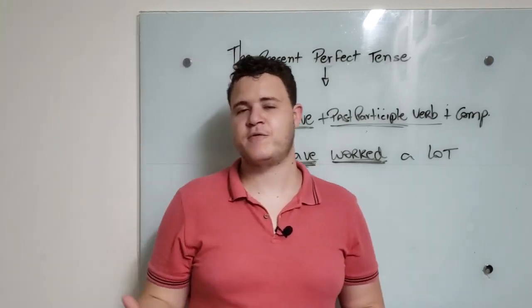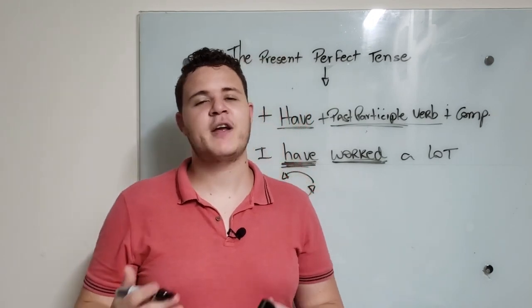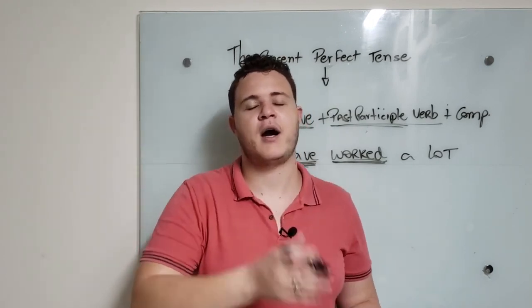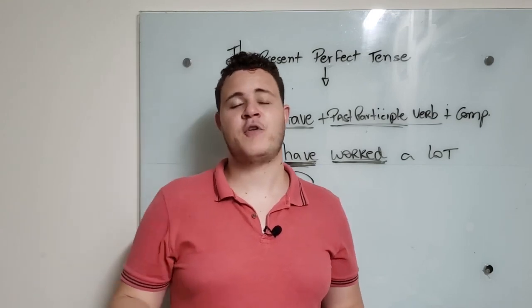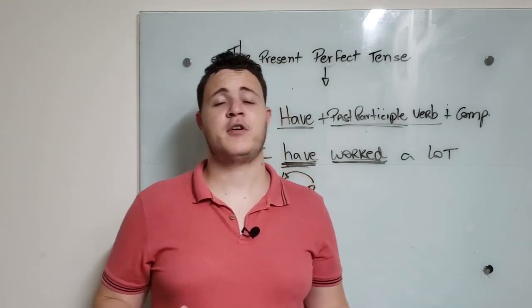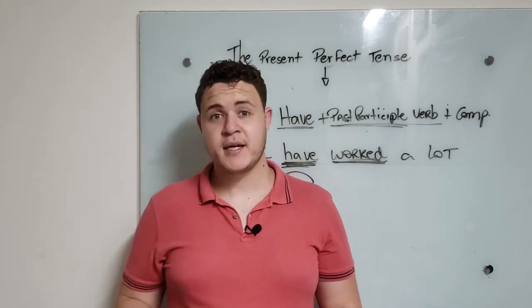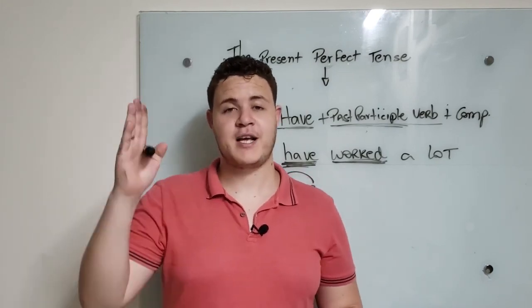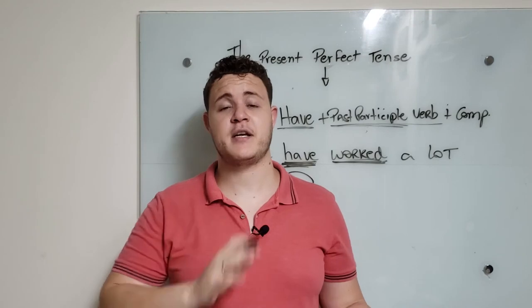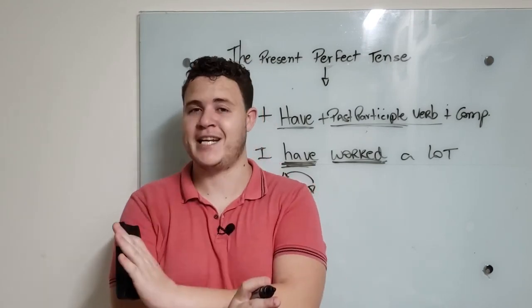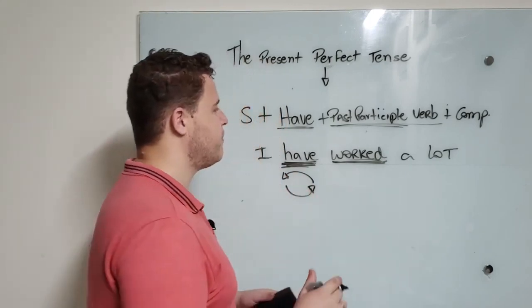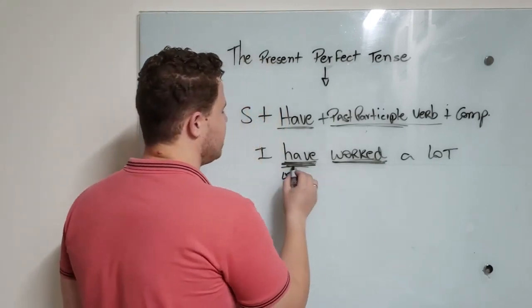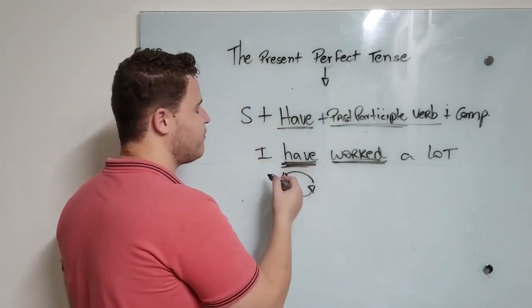In the case of work, it is a regular verb, so I work, I worked, I have worked. The form is the same. But for other verbs, for example the verb to speak, the last column is different. So I speak, I spoke, I have spoken. And we'll study this in detail later, okay? But what is important here is to understand that have is a member of the inversion group.